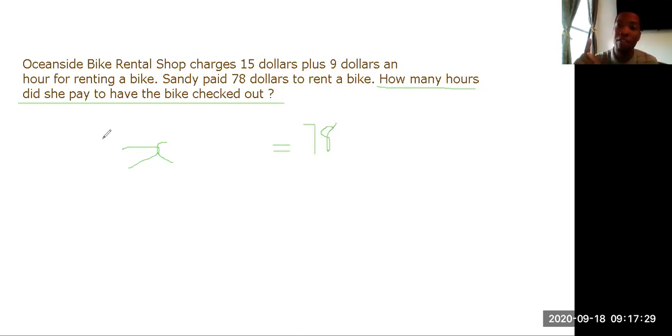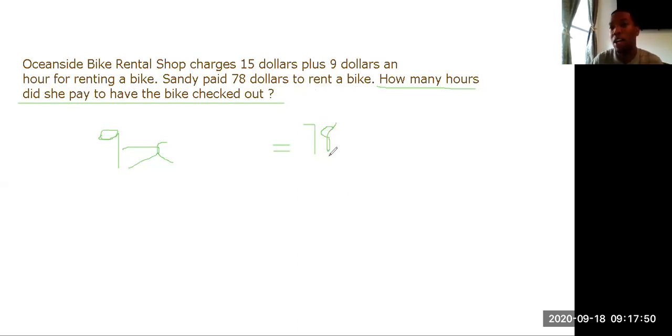So for every hour you have that table, you multiply by 2. If I had the table for 1 hour, that's $2. If I have it for 2 hours, that's $4. If I have it for 3 hours, that's $6. So with this, I have it for x amount of hours and I have to multiply it by 9 because that's the hourly rate.